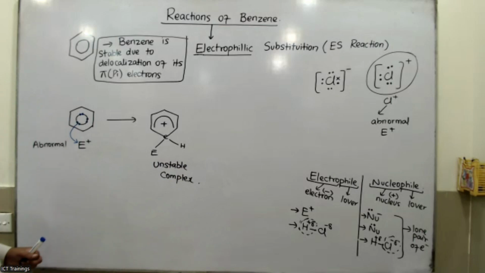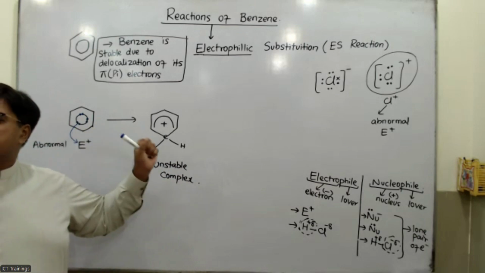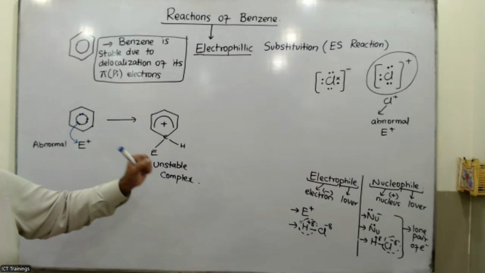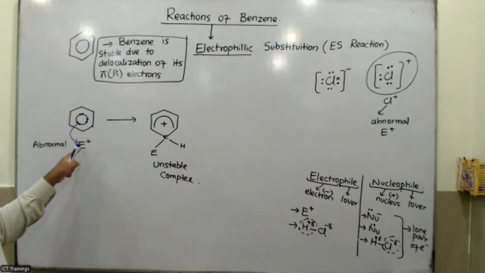Listen again. This electrophile is going to collide with the benzene so powerfully that the benzene is going to stop him and say, please stop, I'm going to give you a pair of electrons from the pi electrons. So you should make a curly arrow like this one.